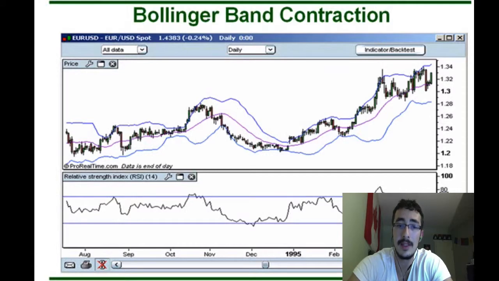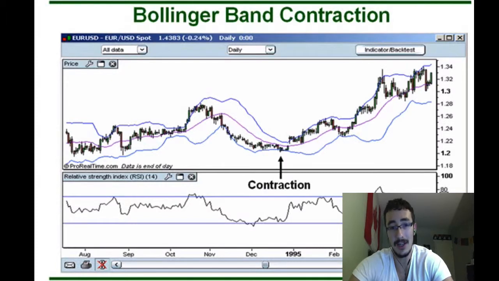Low volatility is represented by contracting Bollinger Bands, and high volatility is represented by wide Bollinger Bands. You can see here that we have a contraction of the Bollinger Bands, and then a break above the top Bollinger Band, meaning that the buyers have won out in the situation, and then we have a nice run up after that.